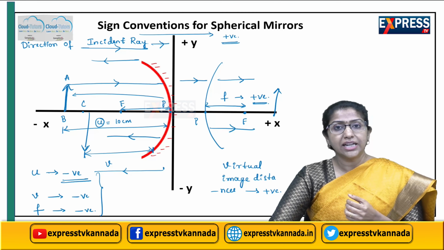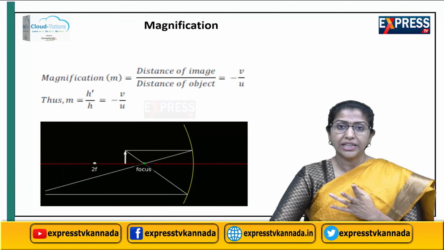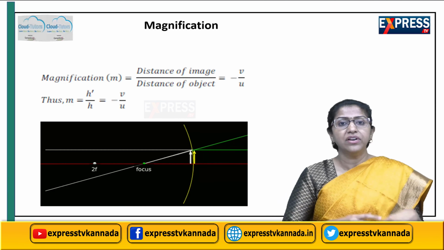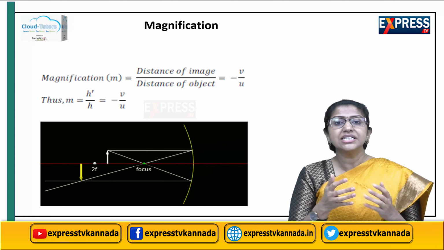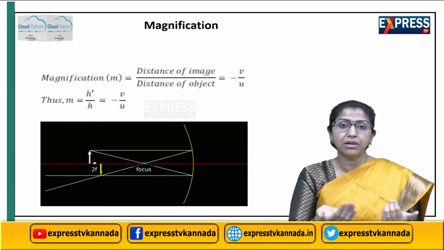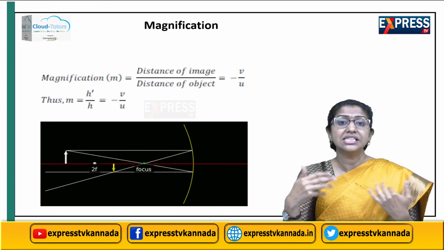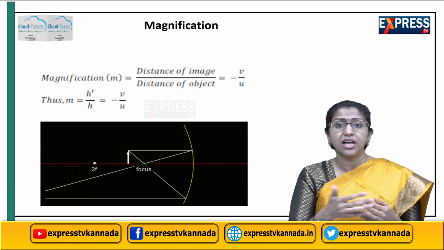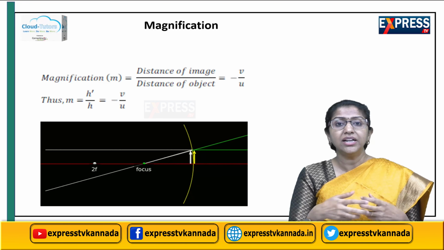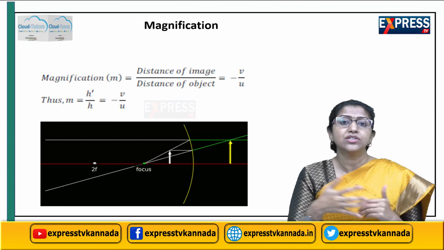With this understanding, let's move on to the last bit of this particular topic, that is the magnification of a given mirror. What is this magnification? You see that in different cases, when we kept the object in different positions in front of these mirrors, it formed different sized images. So magnification is nothing but the size of the image when it is compared to the size of the object.